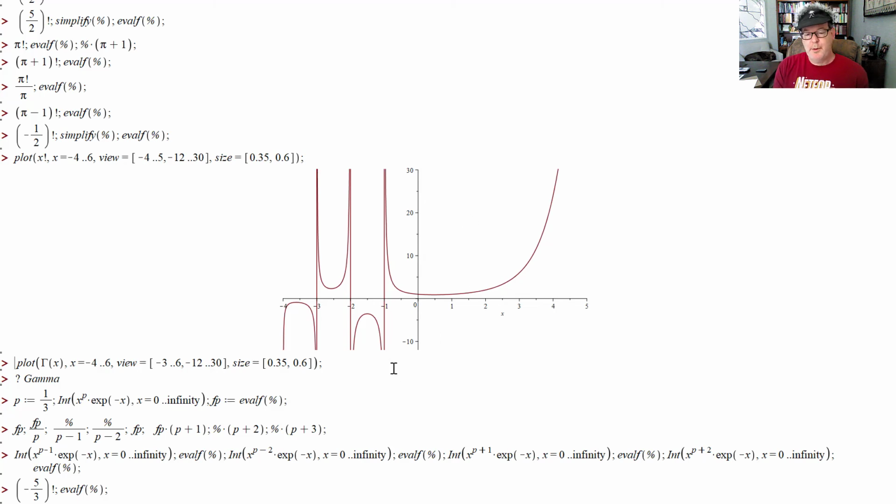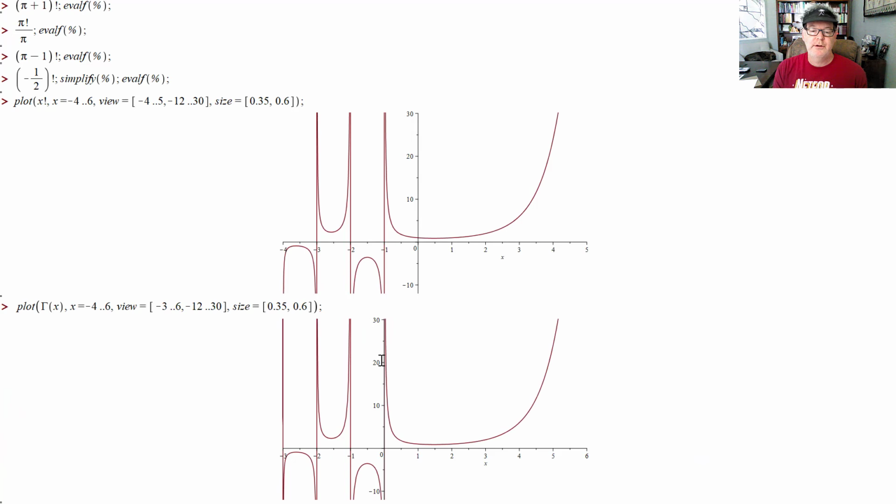Now, the more popular version of this function is called the gamma function. So I'll plot that as well. It's the exact same function, but shifted over 1 unit. Well, if you shift the factorial to the right, you get the gamma function. Right, so the factorial has its first vertical asymptote at -1, and gamma has its vertical asymptote at 0.